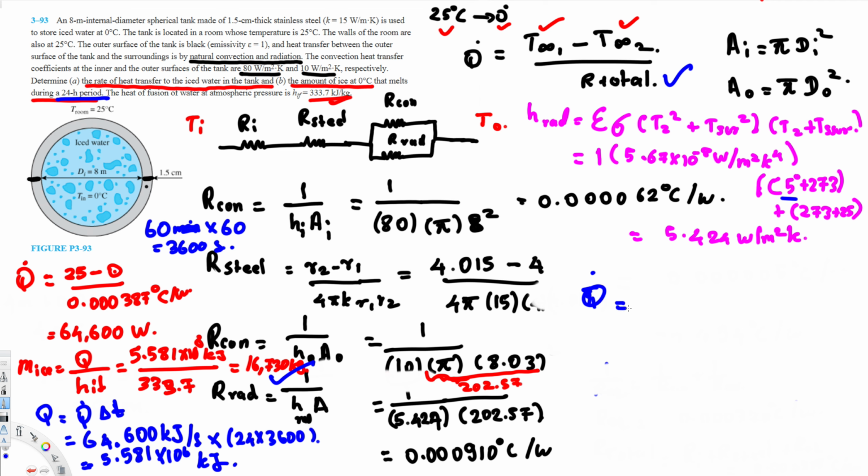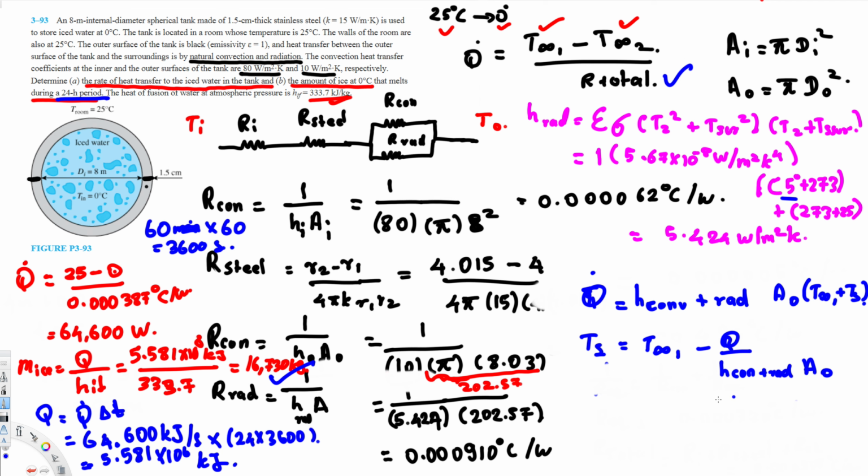So this Q dot is equal to h convection plus radiation times A outside. I'm just looking at the outside Q dot and analyzing, right? So T infinity 1 minus T surface, times h convection plus radiation times A outside. We are trying to find surface temperature. If you rearrange this one, T surface is equal to T infinity 1 minus Q over h convection plus radiation times A outside.